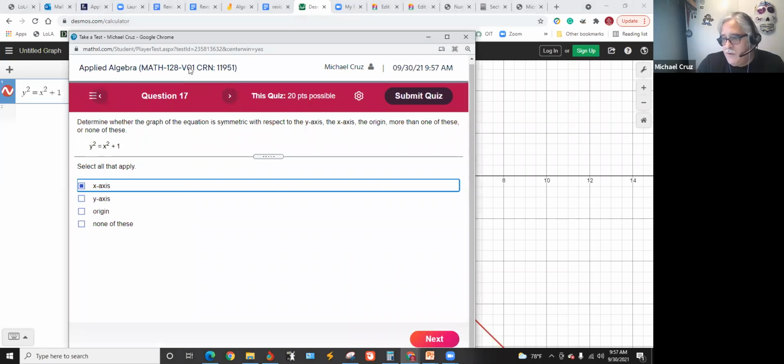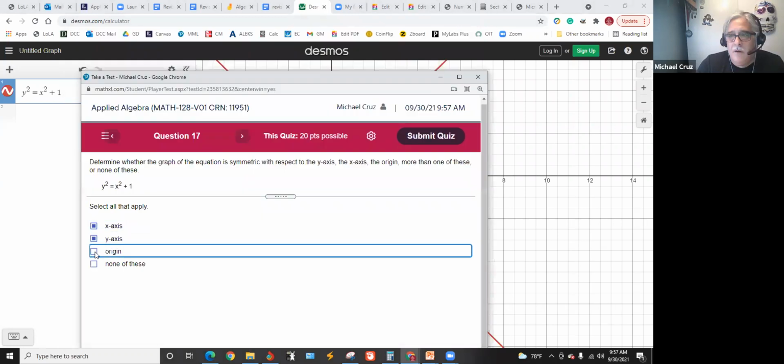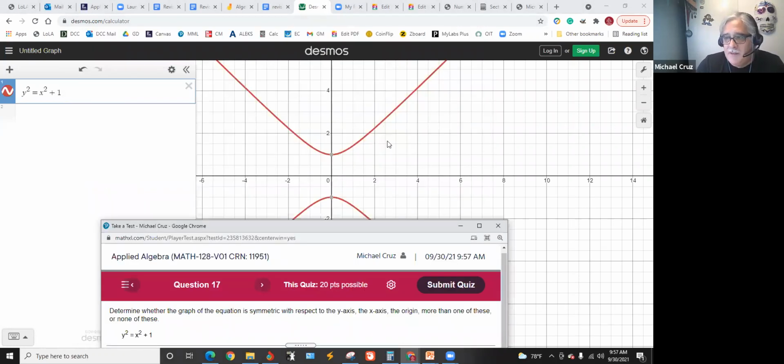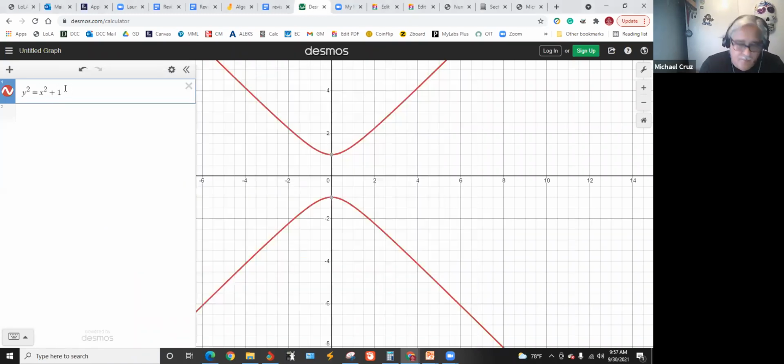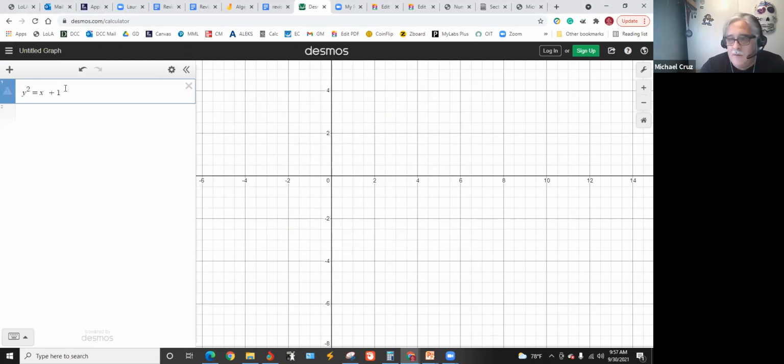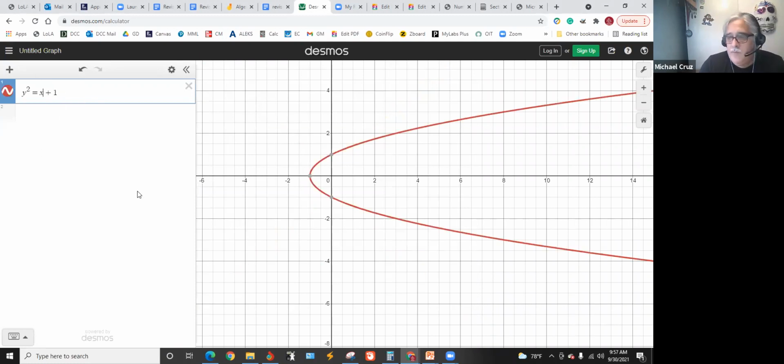Was that a choice? It's actually all of them. It's symmetric about the origin. It's symmetric about the y-axis, and it's symmetric about the x-axis. So all of them. Let's just see something. Take that out. Yeah, because it's got that x squared in there.